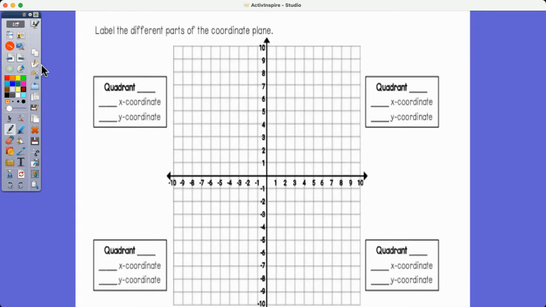Okay, we are going to label the different parts of our quadrant. This is very important that you get all of this done.